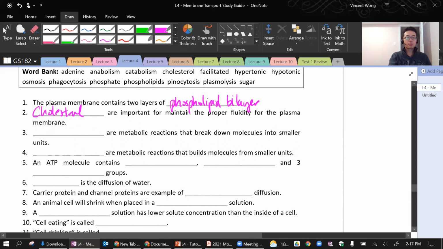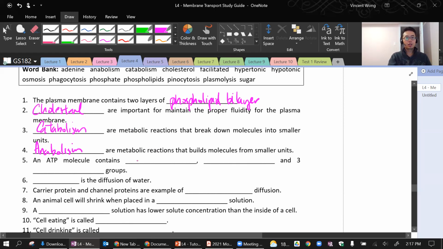Breaking down molecules into smaller units, that is catabolism. Building molecules, on the other hand, would be anabolism. And ATP molecules contain adenine, as in the nitrogen base from DNA, a sugar, and 3 phosphate groups.